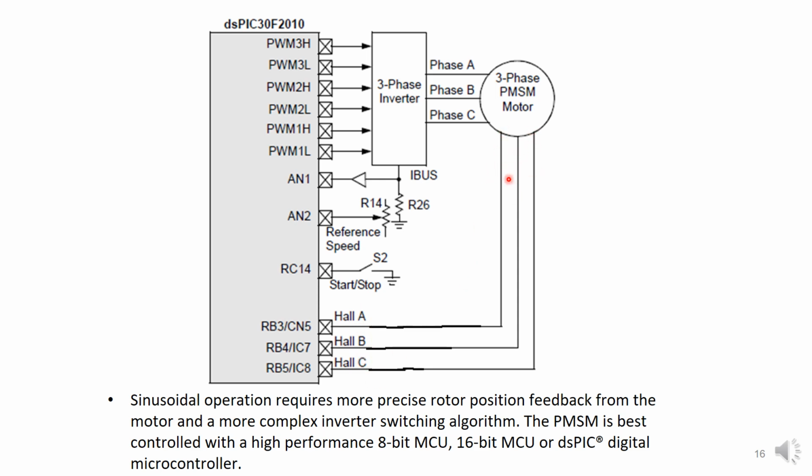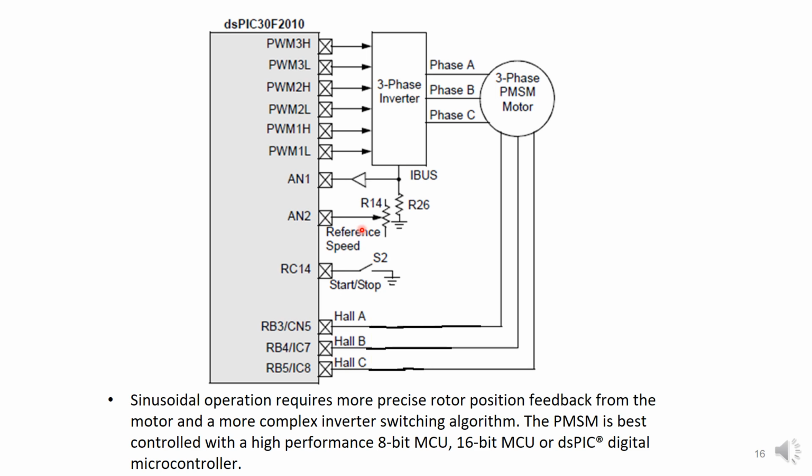Also you can see we have a Hall sensor that is connected to this PMSM motor. The rotor position and speed can be measured using these Hall sensors, and the reference speed can be adjusted here.